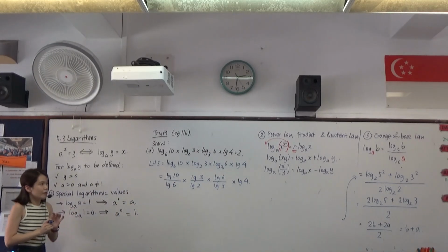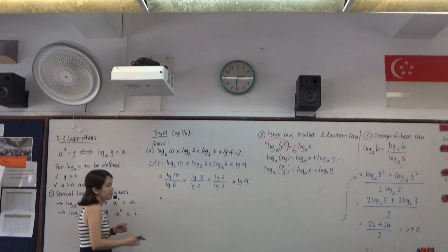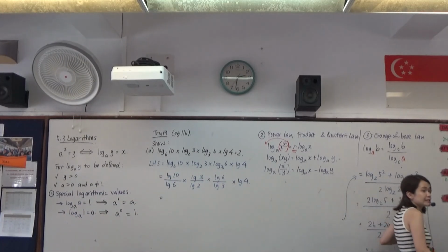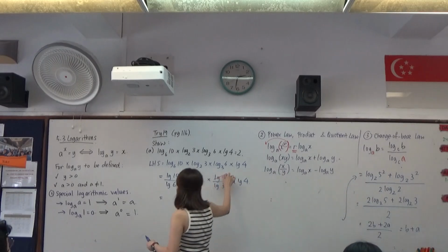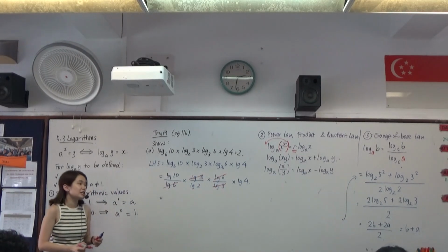When I write this, how would you simplify to the next step? Can we cancel? You observe that some things can be cancelled out, right? Actually, we're doing division. We can cancel out your log 6, and your log 3. Makes things much easier.